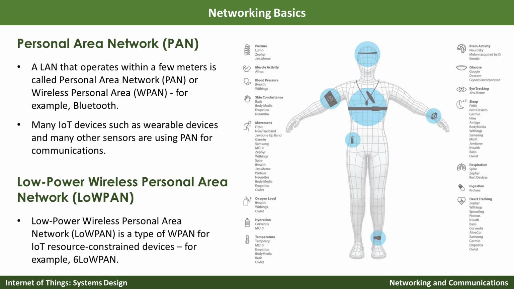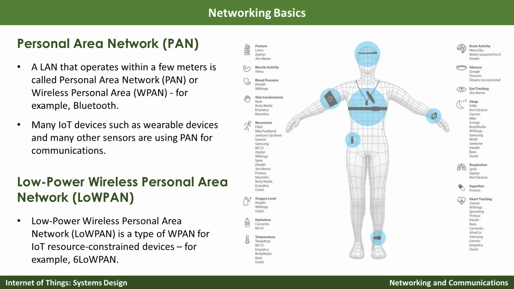The next common one is personal area networks, or PAN. PAN is usually wireless. Usually we don't distinguish WPAN separately, because by definition personal area networks were wireless, in comparison to local area networks, where the local area networks were established as wired technology, especially Ethernet.